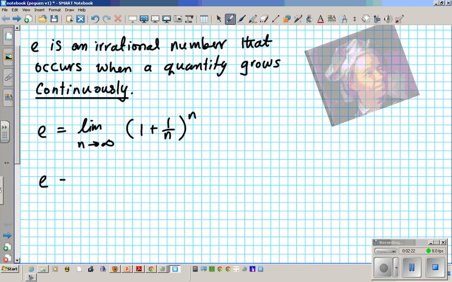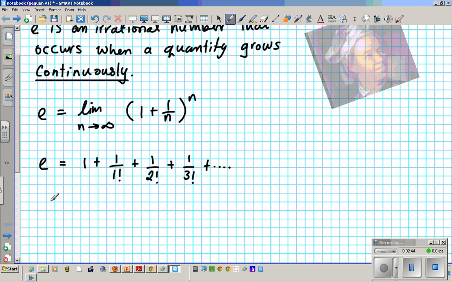Another rendition of e is using factorial symbol as 1 plus 1 over 1 factorial plus 1 over 2 factorial plus 1 over 3 factorial plus on and on. The pattern goes on. You have 1 on the top and 1, 2, 3, 4, 5, 6 on and on factorial in the denominator.